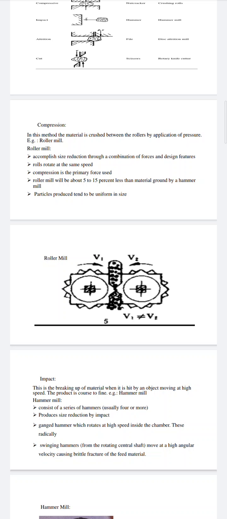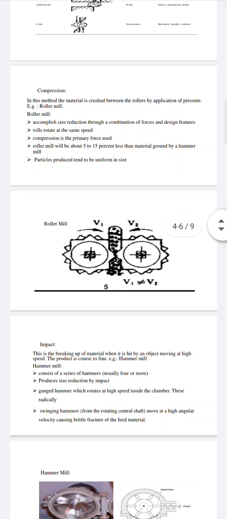Particles produced tend to be uniform in size, that is, very little fine material is generated. For similar size particles, bulk density of material ground on a roller mill will be about 5 to 15% less than material ground by a hammer mill.